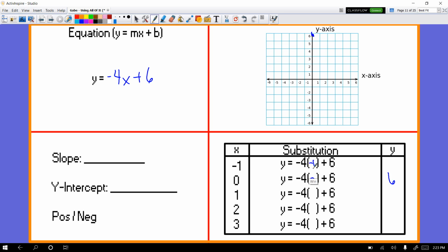So -4 times -1 is 4 plus 6 is 10. Okay, so you would say that that's changing by -4, and that's changing by +1. So that's where the -4 over 1 comes from, which is the -4 over 1 right here. +6, and that's a negative line. Okay.